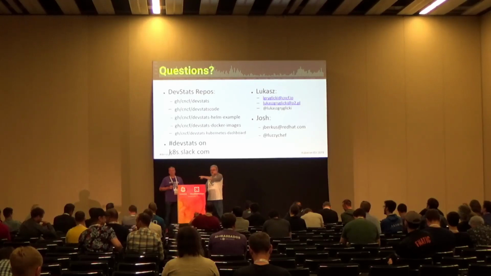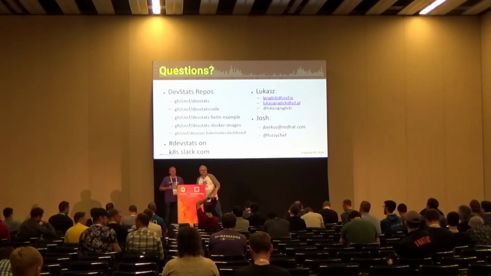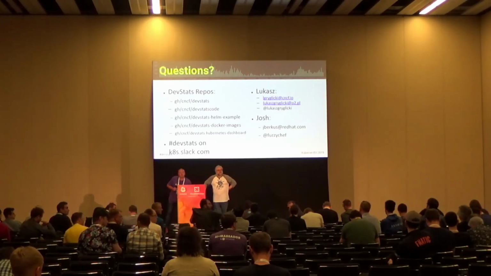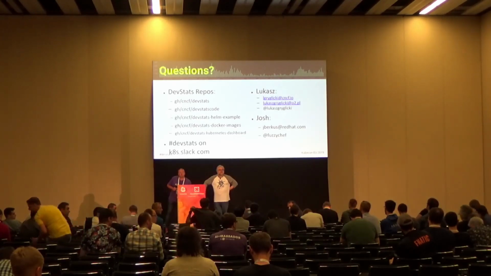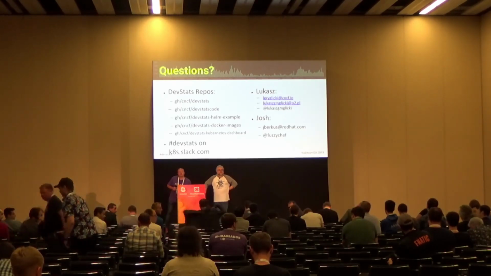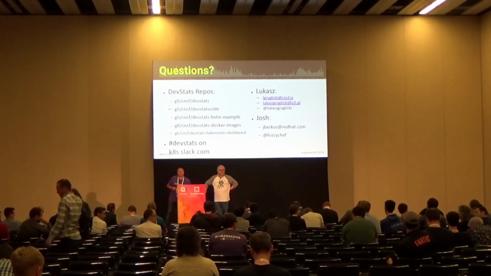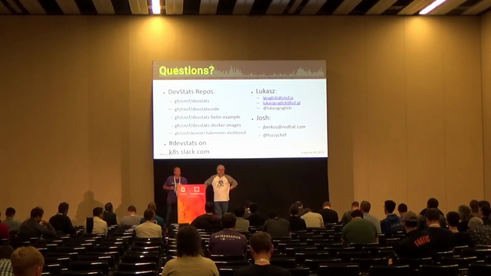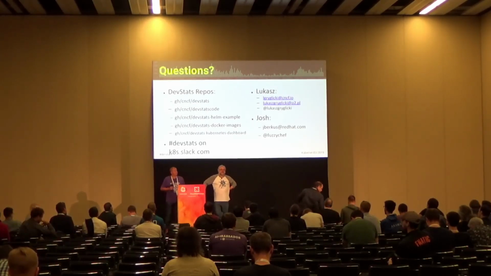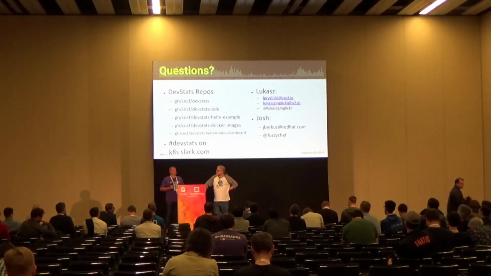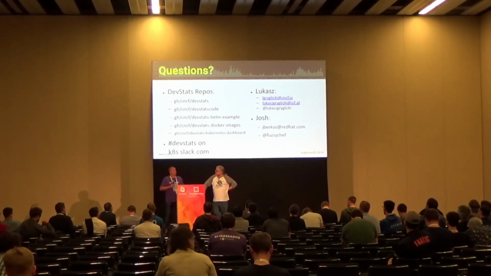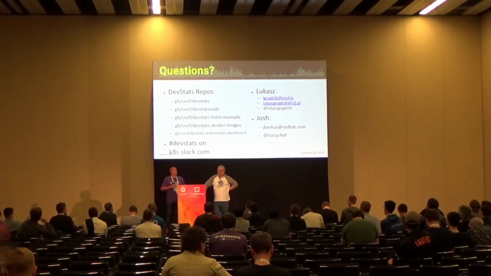So we have one there and one here, and then I think we'll be done. One there? How big a box do I need to run a test deployment of DevStats locally? Well, how much memory would we need? It wouldn't be big.